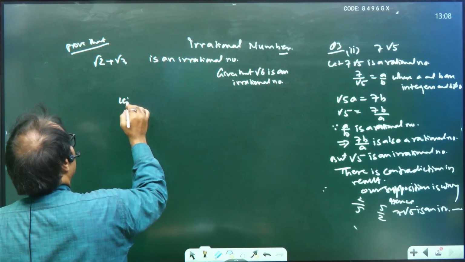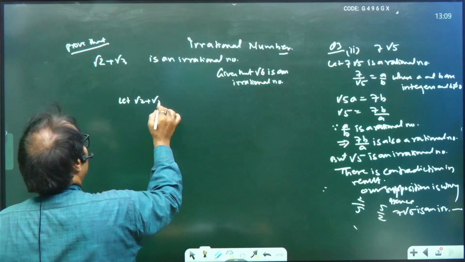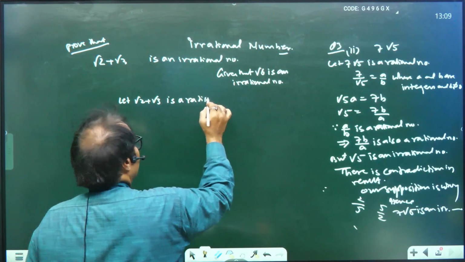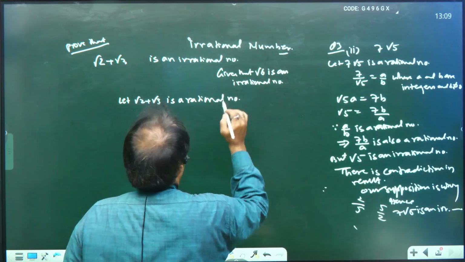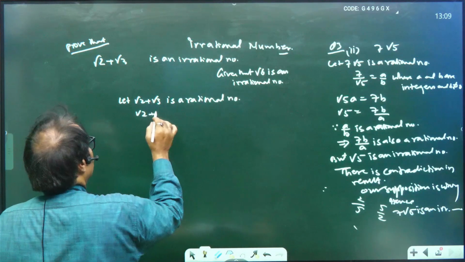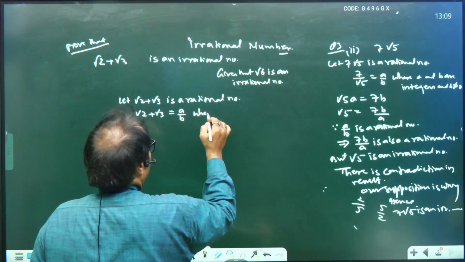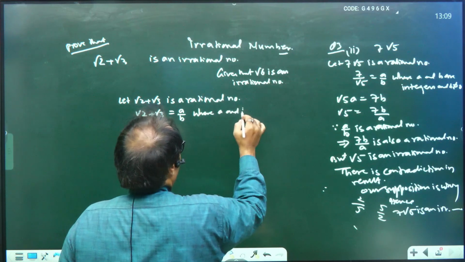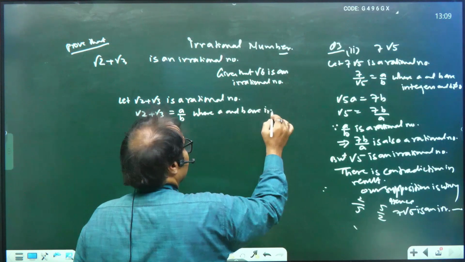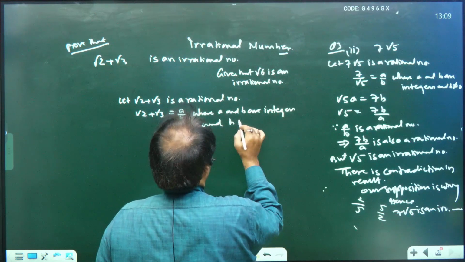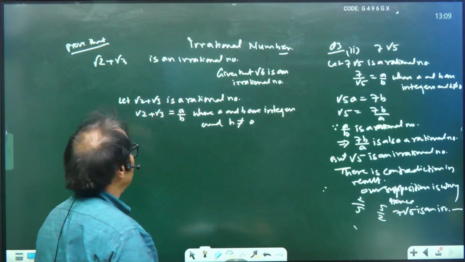So let root 2 plus root 3 be a rational number. This we will suppose. So root 2 plus root 3 is equal to a by b, where a and b are integers and b is not equal to 0.